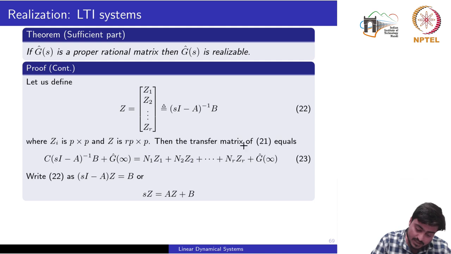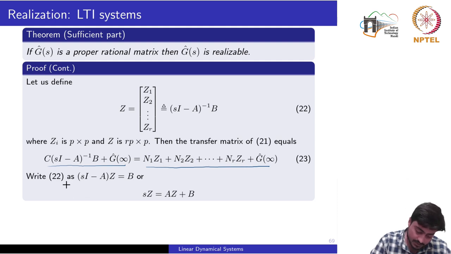So if I write the transfer function of the state space representation that we had introduced earlier, which in general I can represent by this, it is given by this, where I have replaced all these (sI minus A) inverse B by Z1 to Zr. Okay, you can write it more explicitly to finally arrive at this equation.